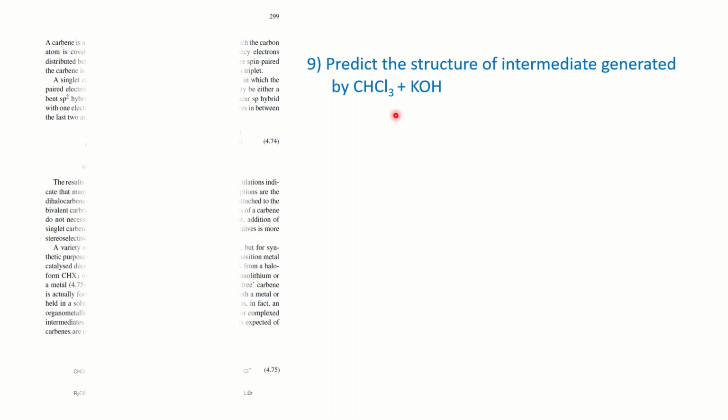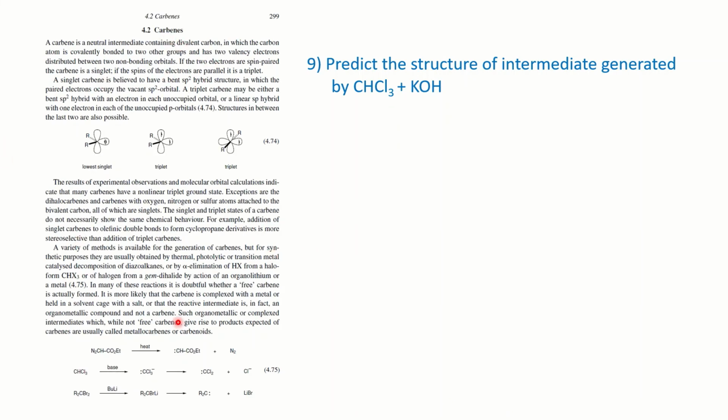Next, they are asking you the structure of the intermediate generated by CHCl3 plus KOH. We have used this reagent many times for the generation of carbene. So you know this reaction, and carbene is again given here. You can find carbenes in any other organic chemistry textbook as well.